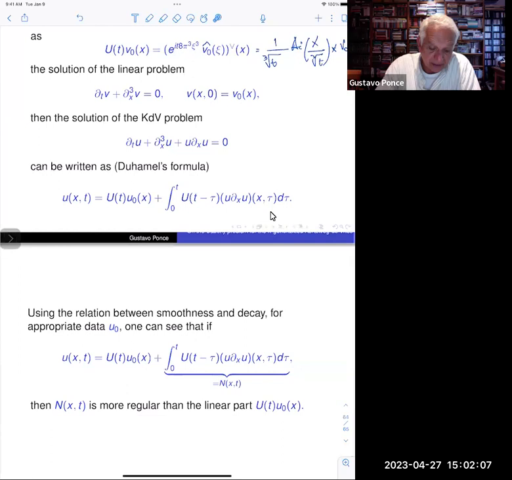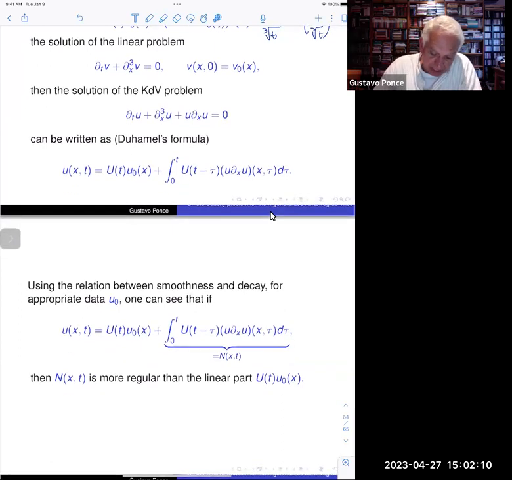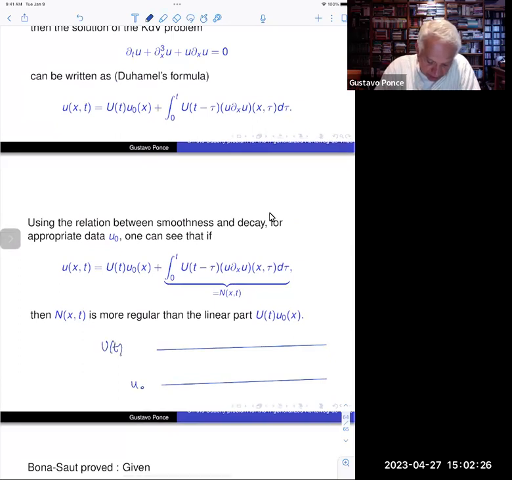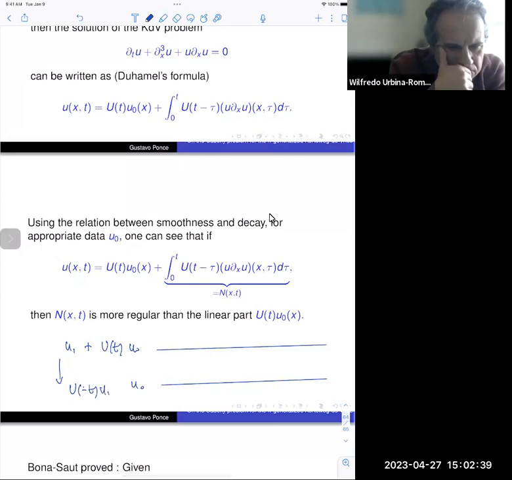For example, let's do this. You can do this with the linear part by itself. You can put any data that you want here. And if the solution of the linear part here is regular, then you can add something irregular here, such that when you solve it here, it is regular.